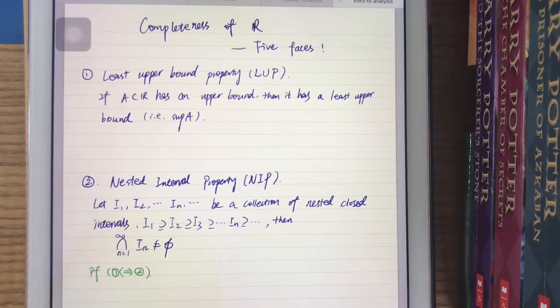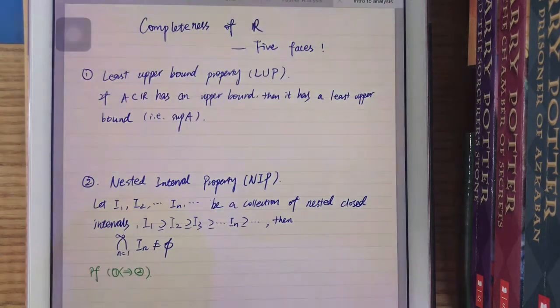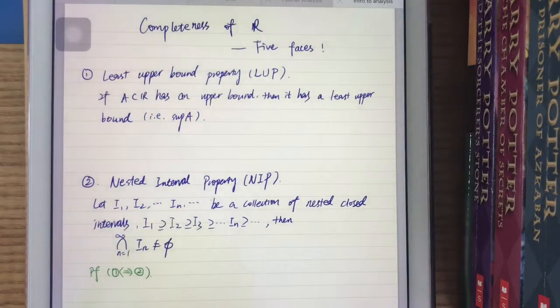The least upper bound property says that if a set A is contained in R, and it has an upper bound, then it will have a least upper bound, which is the supremum of A, right? I remember I've already talked about the supremum and infimum of a set.